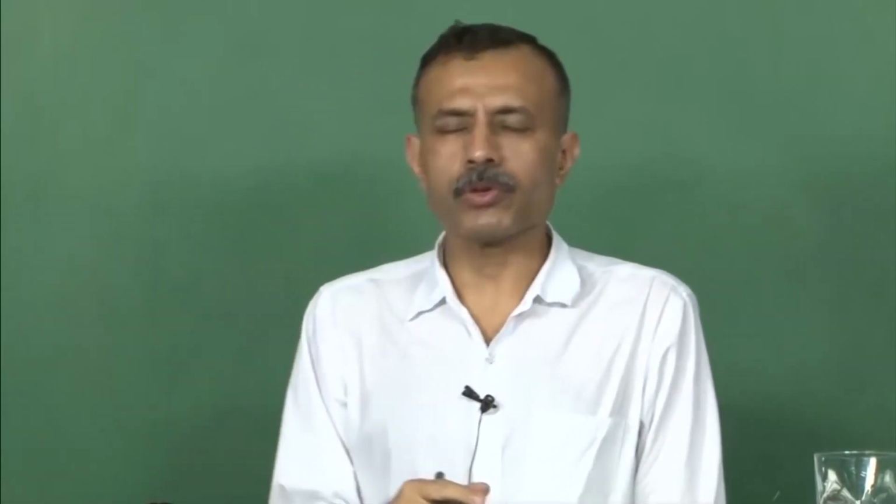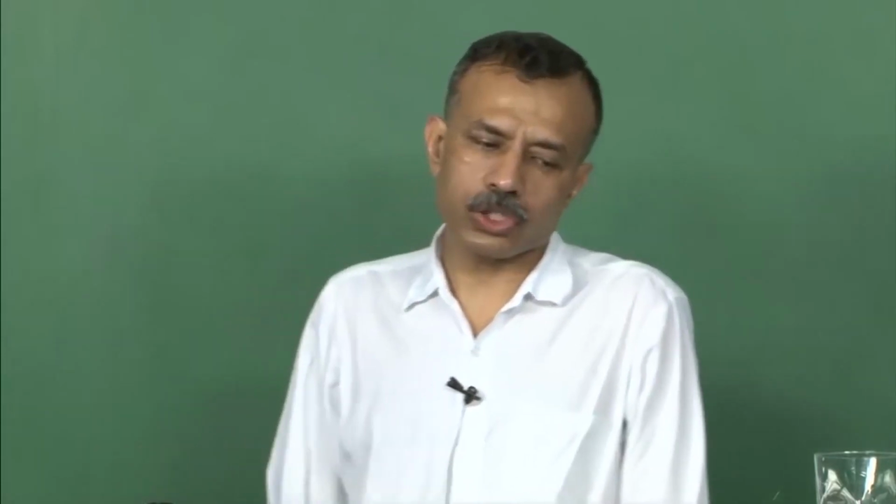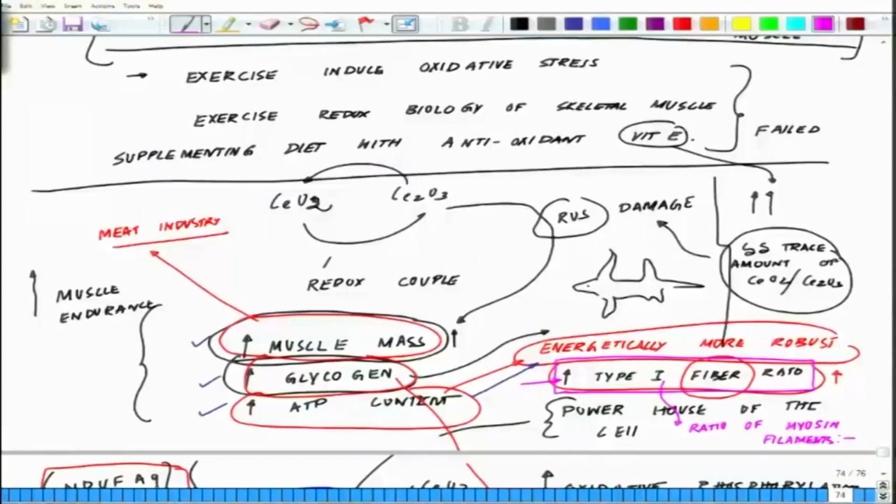This is simple: you are giving it either in the diet, or through blood, or intravenous or subcutaneous into the muscle. If you give these kinds of nanoparticles, which essentially are a simple redox couple, +3 to +4, an autocatalytic redox couple, it is bringing about changes which were never even thought of.